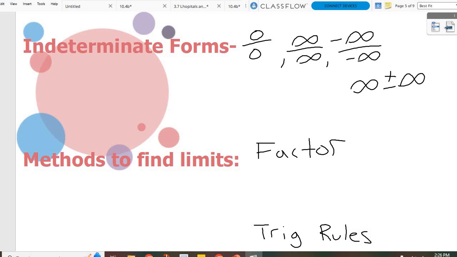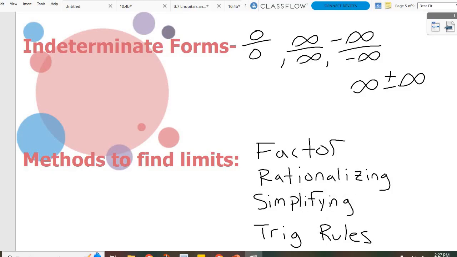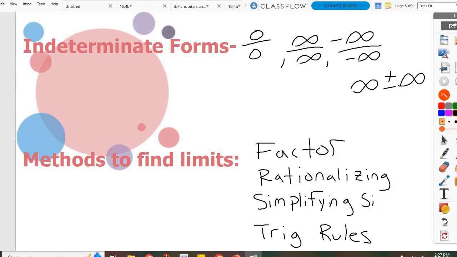We also did rationalizing, which was when we had radicals. And the last one was simplifying rationals, where we found common denominators to simplify. Do we vaguely remember doing all of those things? Hopefully so. Again, all of that's just review.